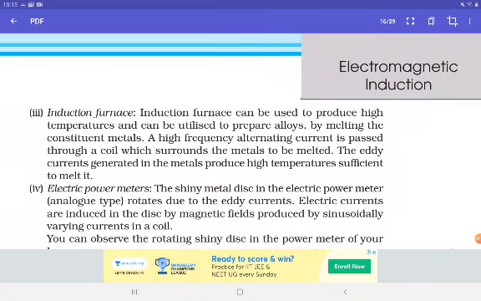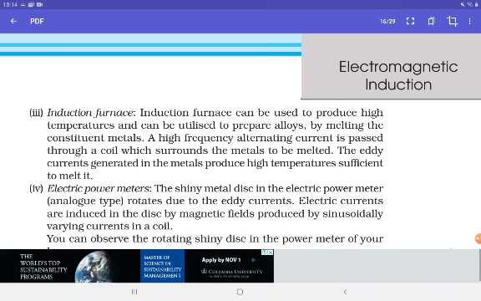Third is the induction furnace. An induction furnace can be used to produce high temperatures and can be utilized to prepare alloys by melting the constituent metals. A high frequency alternating current is passed through a coil which surrounds the metals to be melted. The eddy currents generated in the metals produce high temperatures sufficient to melt them.